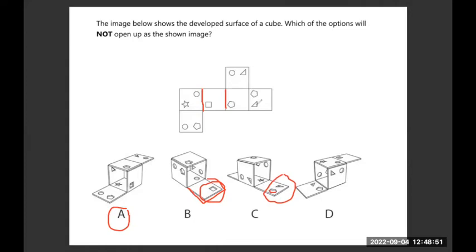But the issue here is the orientation, the way this block and this block are oriented with respect to each other. That's where I will reject option C.